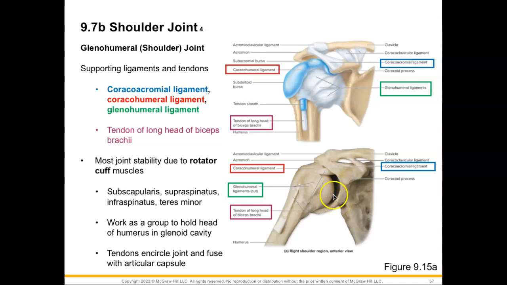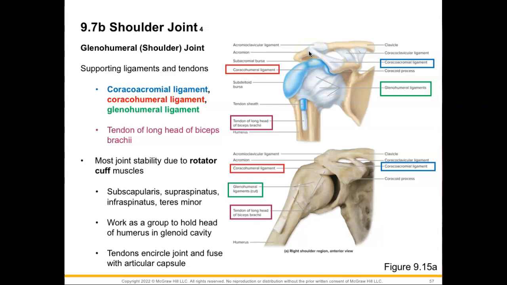And within our shoulder joint, we're also going to have some ligaments that are going to support this area. So we'll start off with our coracoacromial ligament. And what's nice about all of these ligaments is that it's going to attach to the structures within its name. So coraco is referring to the coracoid process, and acromial is of course referring to the acromion.